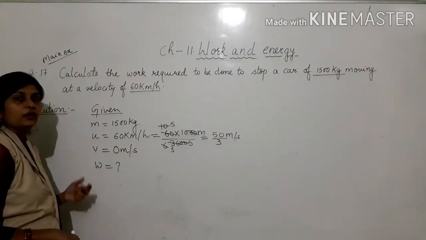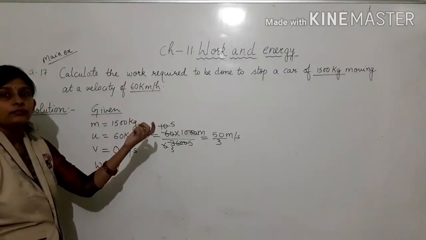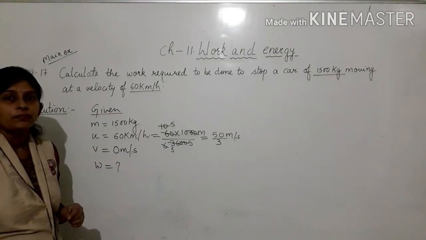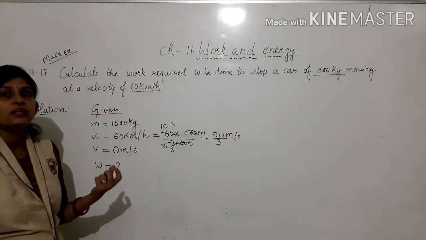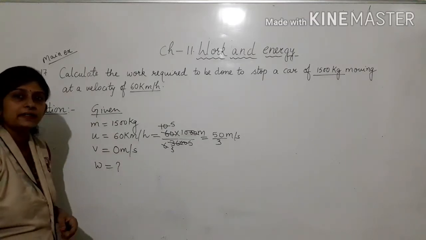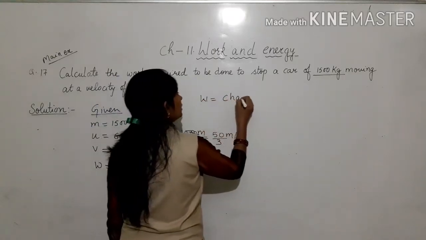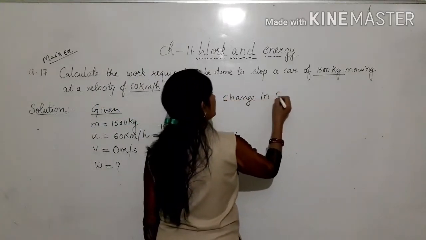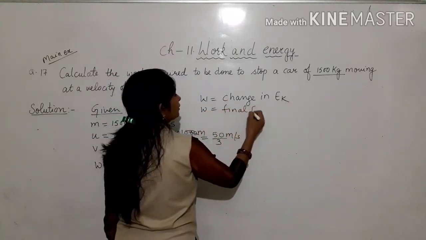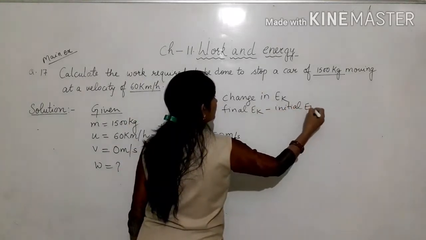So it shows that whatever the work is done on the car, that much change in kinetic energy takes place. So work is equal to change in kinetic energy. Work is equal to final kinetic energy minus initial kinetic energy.